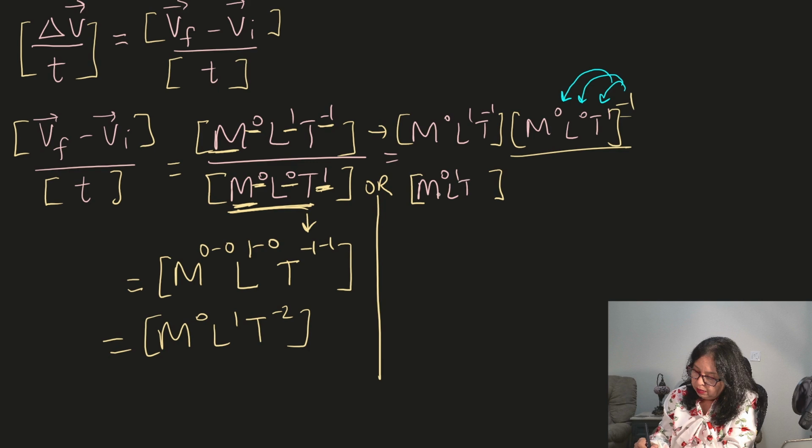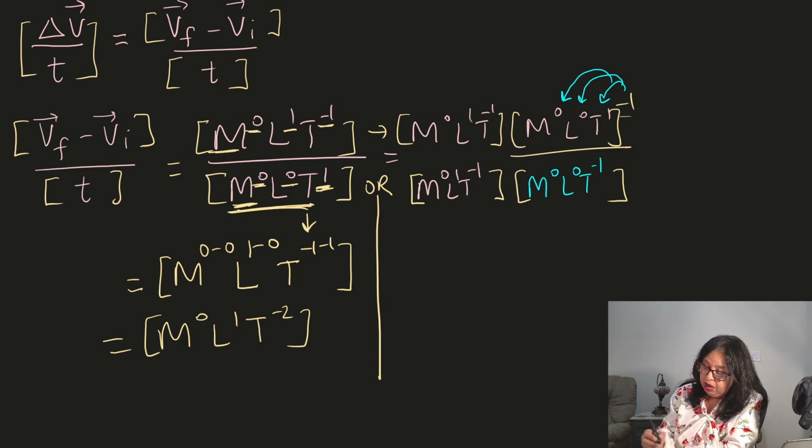m0 L1 T minus 1. And the next one becomes m0 L0 T minus 1. Now, after this, m0 times m0 gives you what? M to the power 0 plus 0.